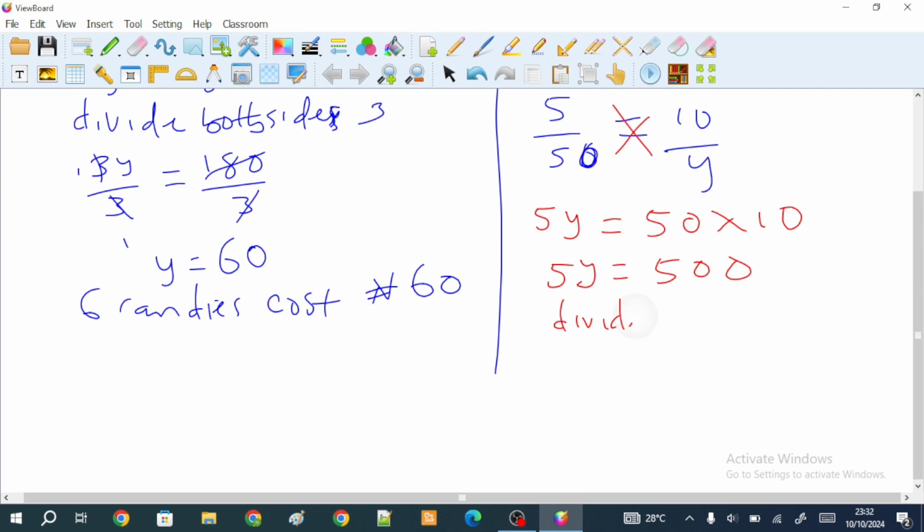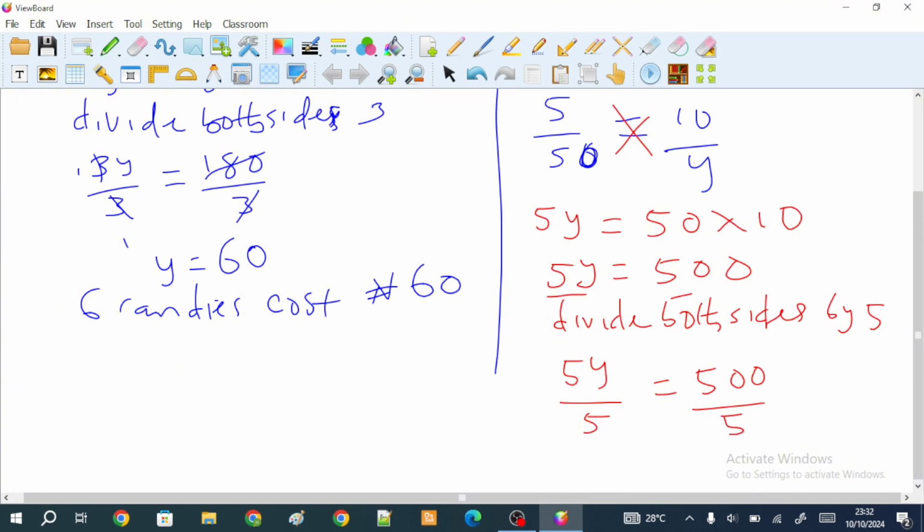So we're going to divide both sides by 5. On the left side we have 5y, so 5y, we're going to divide it by 5. On the right side, we have 500, so we're going to have 500 divided by 5. 5 can divide 5, 1.